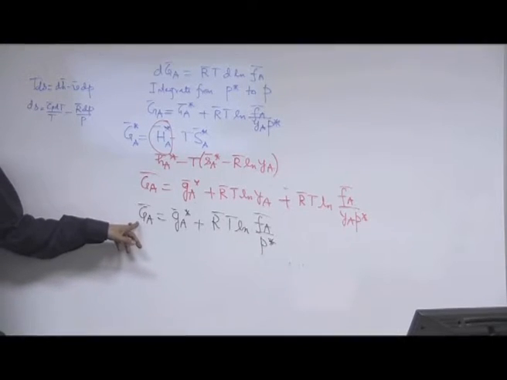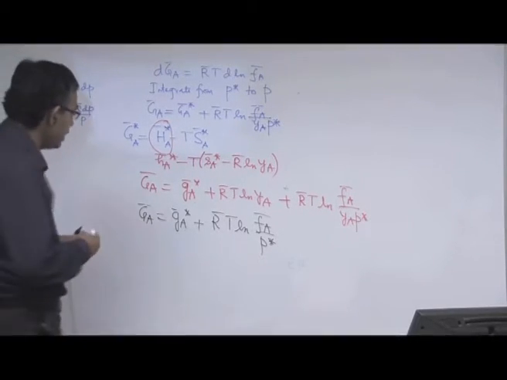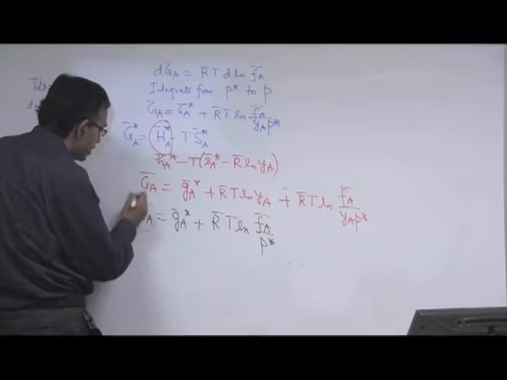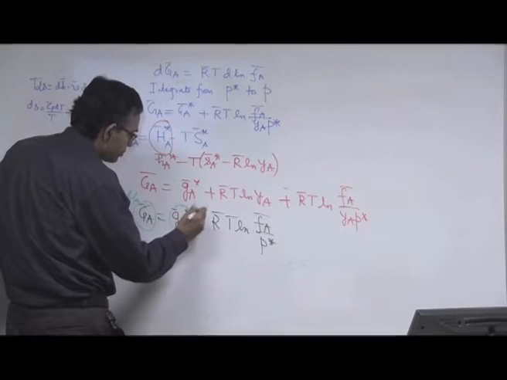Alternatively, in place of G bar A you can write mu A, chemical potential of A, just a different way of writing the same thing. So I am writing alternative notations with the green color. This is mu A, this is mu A star.